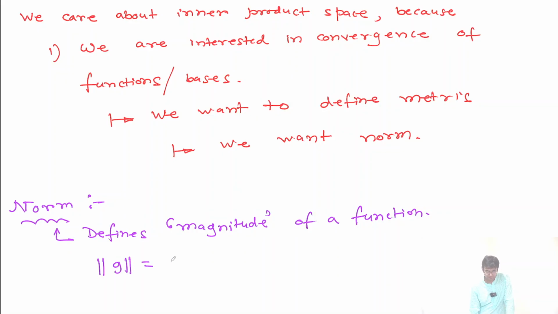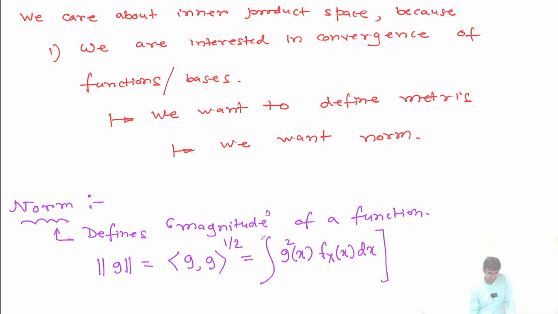This is equal to the inner product of G comma G to the power half, which is equal to integration of G square of x times f of x dx, to the power half. This is how you define the norm, right?